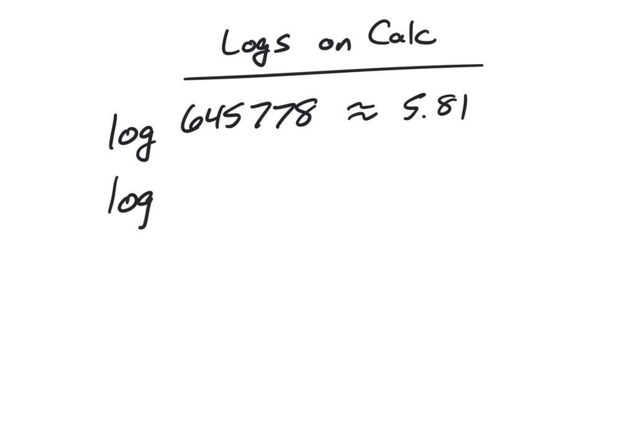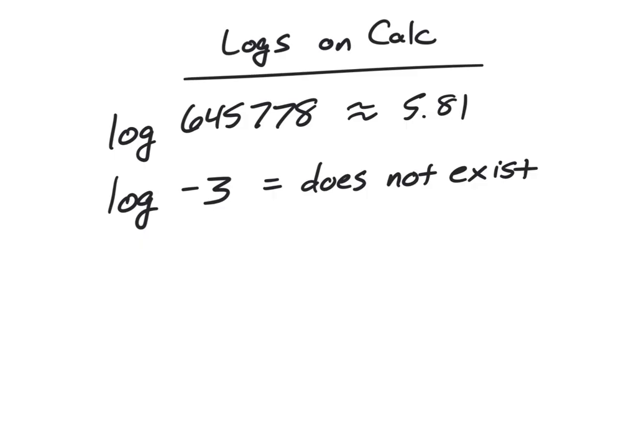Okay, one we have not talked about yet is, what if I take the log of -3 in my calculator? What happens? You get an error, right? Does not exist. We cannot take the log of a negative number.